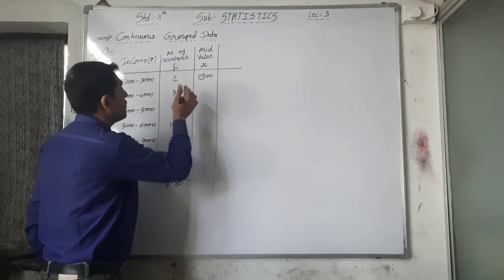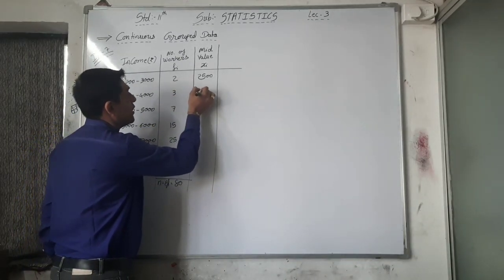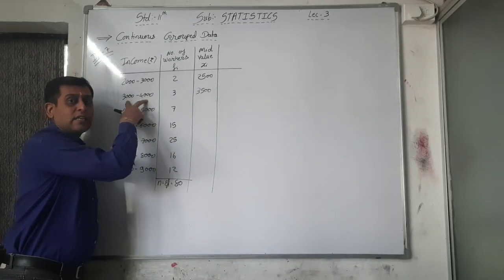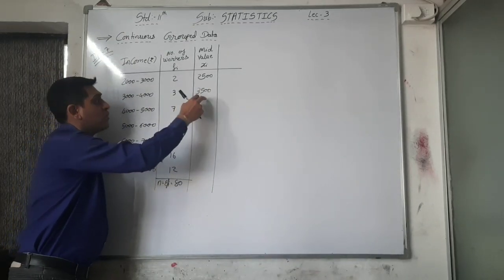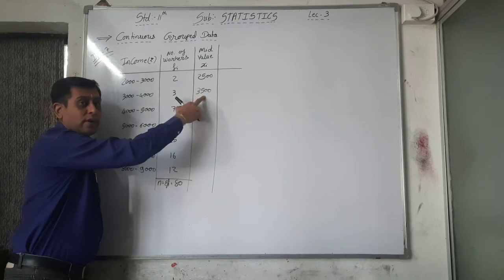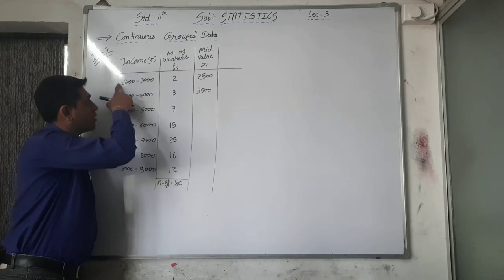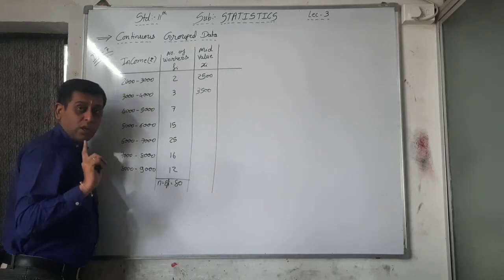So here 2500 plus 1000, that is 3500. See, 3000 plus 4000, that is 7000, divided by 2, that is 3500. And again you have to just add 1000 because the class interval is 1000.